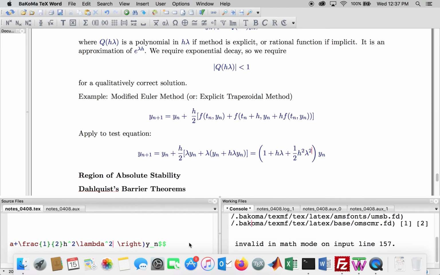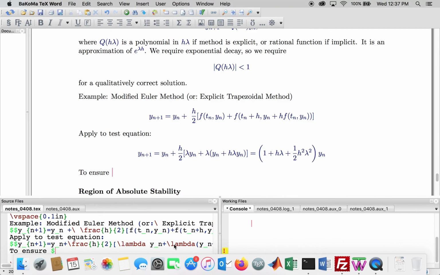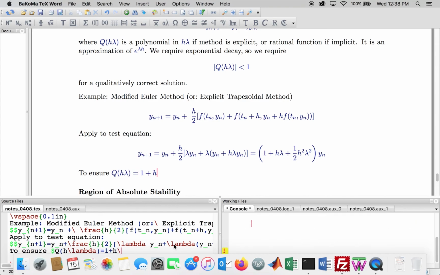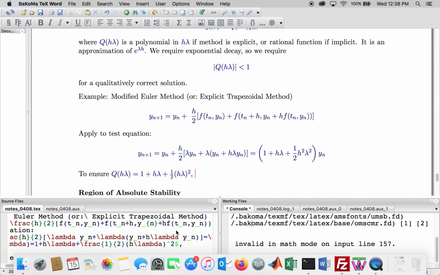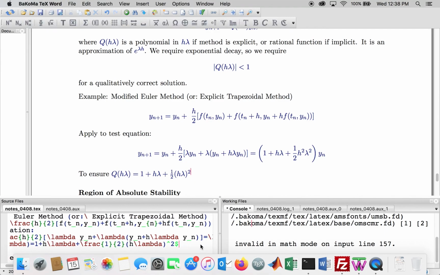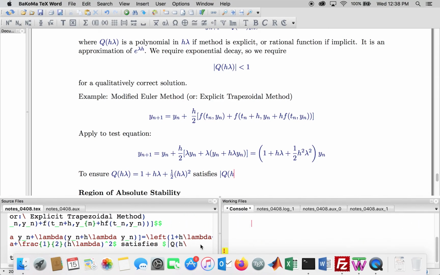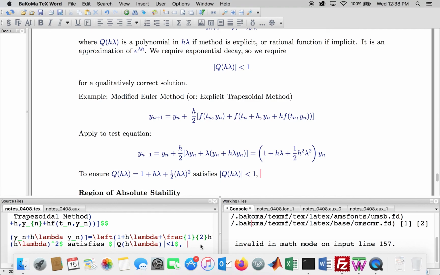Now, in order to ensure that q of h lambda, which is what's multiplying yn, so it's 1 plus h lambda plus 1 half h lambda squared, we need this to be less than 1 in absolute value.